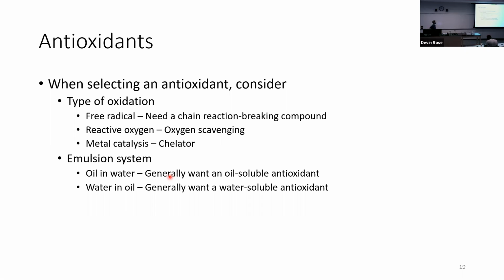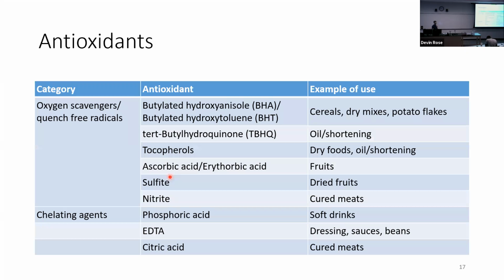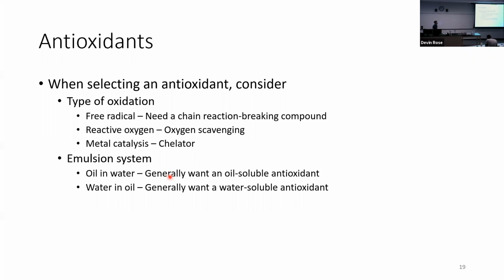When we're selecting an antioxidant, there are a few things to consider. Number one, what type of oxidation is occurring? If we have free radical oxidation versus metal catalysis, then we can choose from this list here. But more importantly, what I want to highlight on this slide is the emulsion system. Most foods are going to be oil and water.